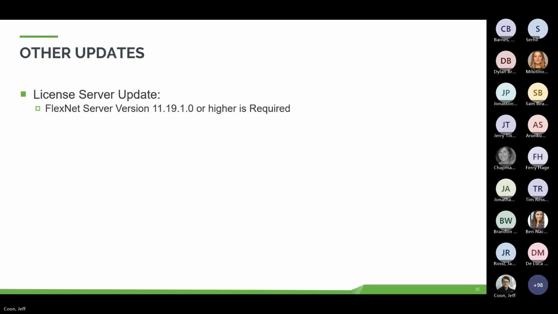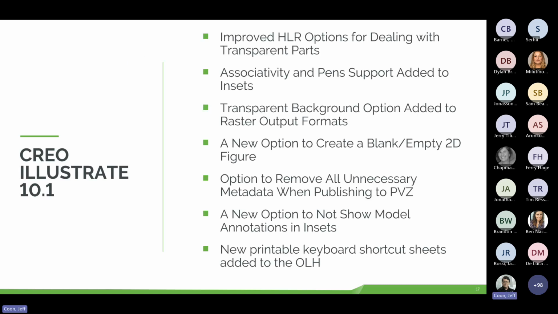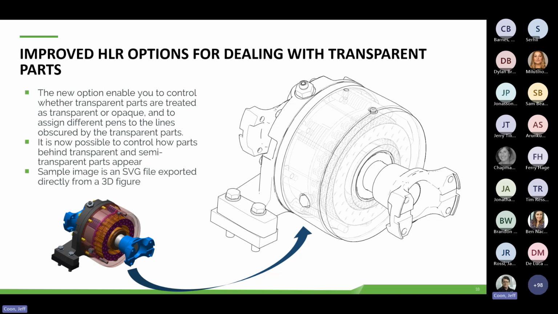All right. So with that, we'll go ahead and jump into 10.1 and the list of things that we did here. So this first feature, we've improved the HLR options for dealing with transparent parts. As you can see in the imagery, if I have a transparent part, in this case the outer housing, I want to be able to better control what the lines look like behind it.